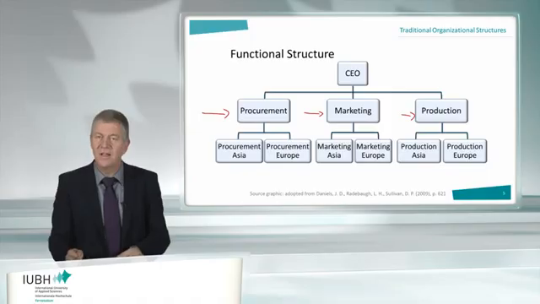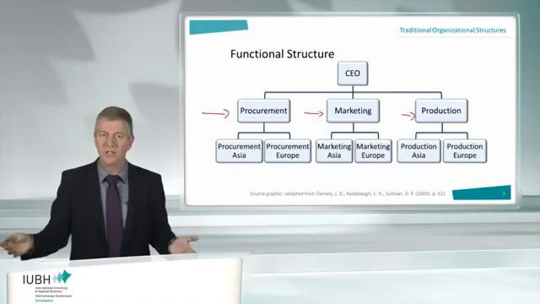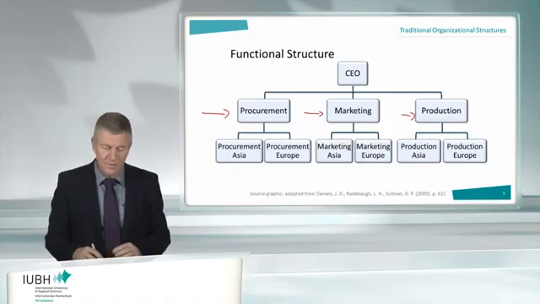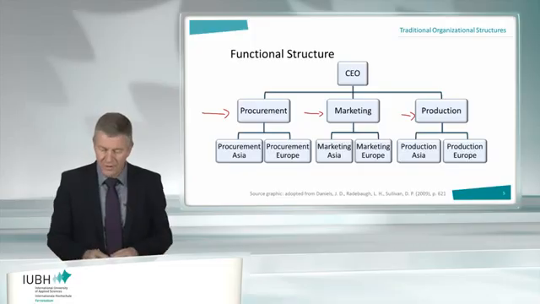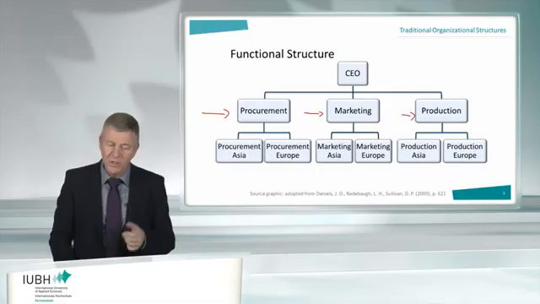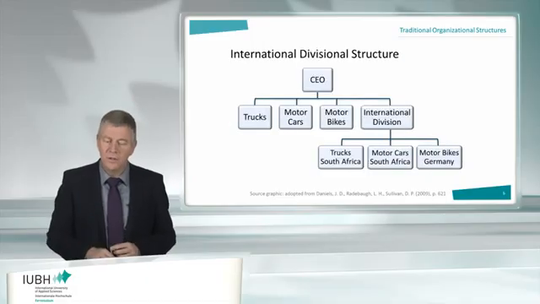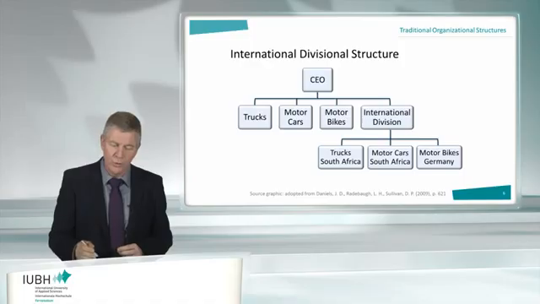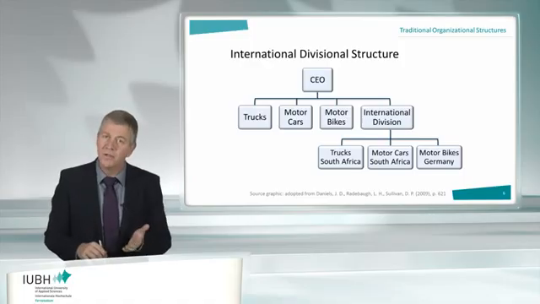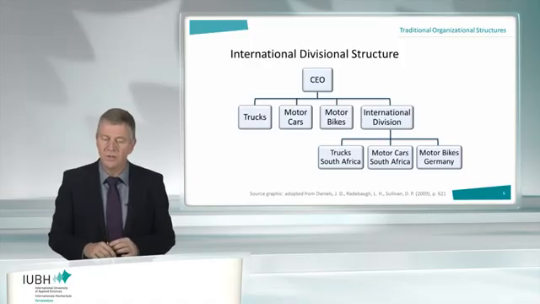Now you can understand that with more international operations, you come to certain limits in terms of the expansion of this structure. And to some degree, that is also true for the divisional structure. And we have an example here for an international divisional structure.